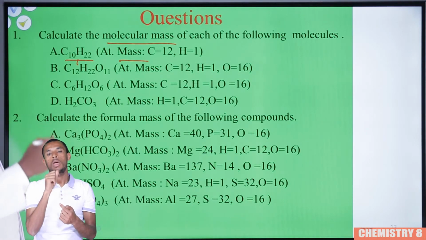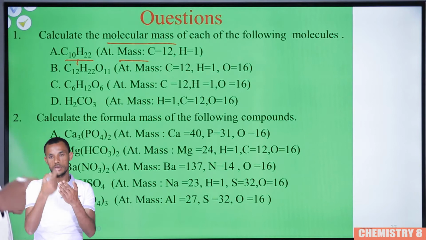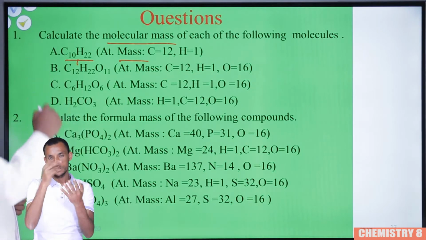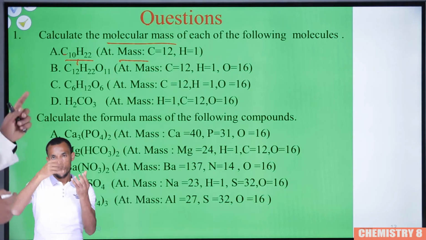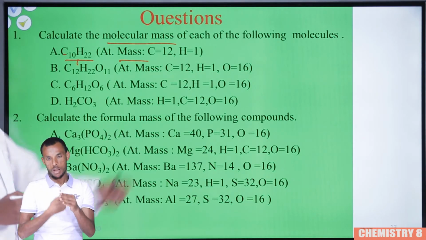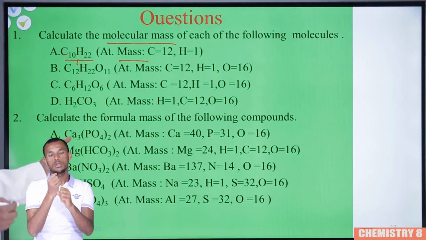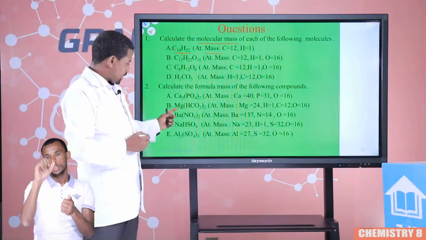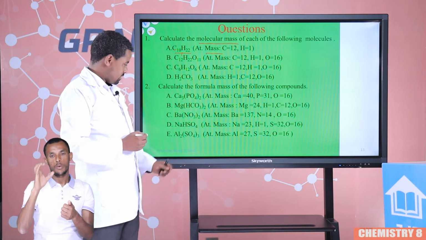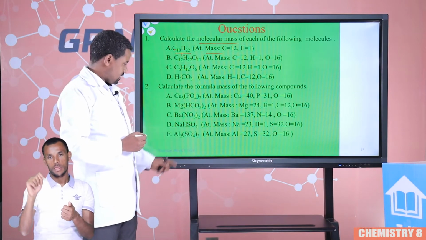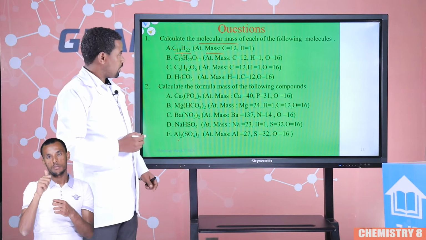So when you are asked to determine the molecular mass of a compound, you have to check whether they can exist in liquid or gaseous forms. And the second one is to calculate the formula mass of the following compounds. Look: calcium phosphate, magnesium hydrogen carbonate, barium nitrate, sodium hydrogen phosphate, aluminum sulfate.